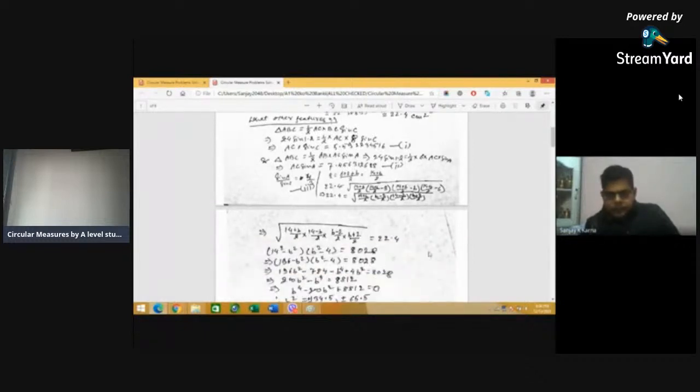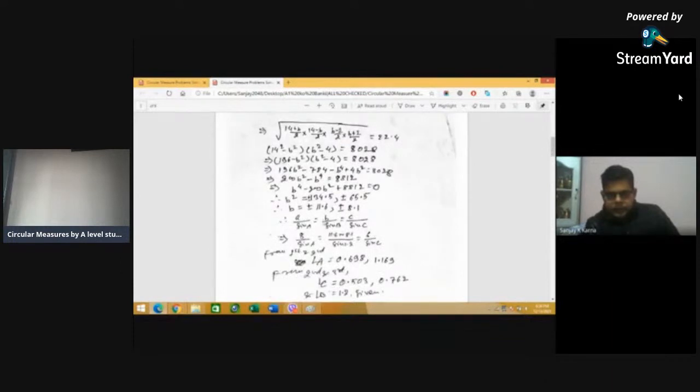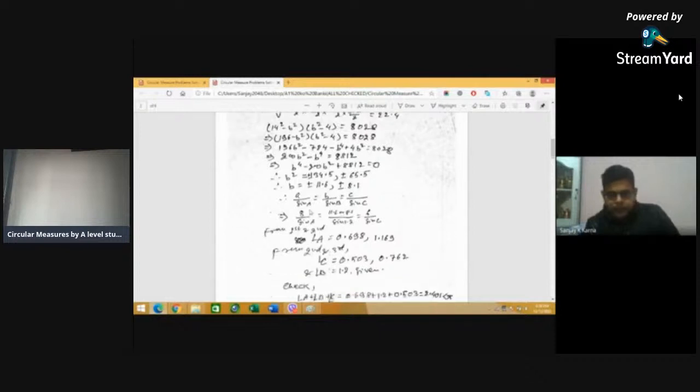After some algebraic simplification, we have got the values of B with positive and negative signs. So we have a pair of values of B by using the sine rule.